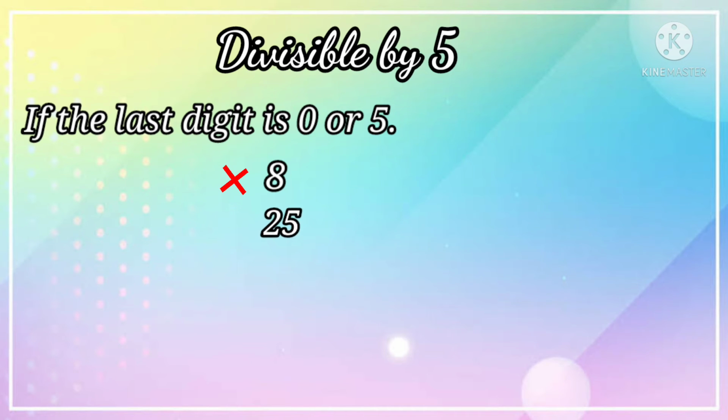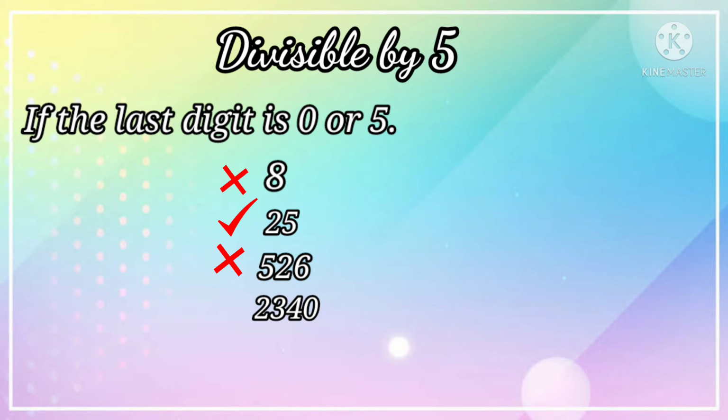Next is 25. So the last digit is 5. So therefore, 25 is divisible by 5. Another example is 526. 6 is the last digit. So therefore, 526 is not divisible by 5. Next one is 2340.